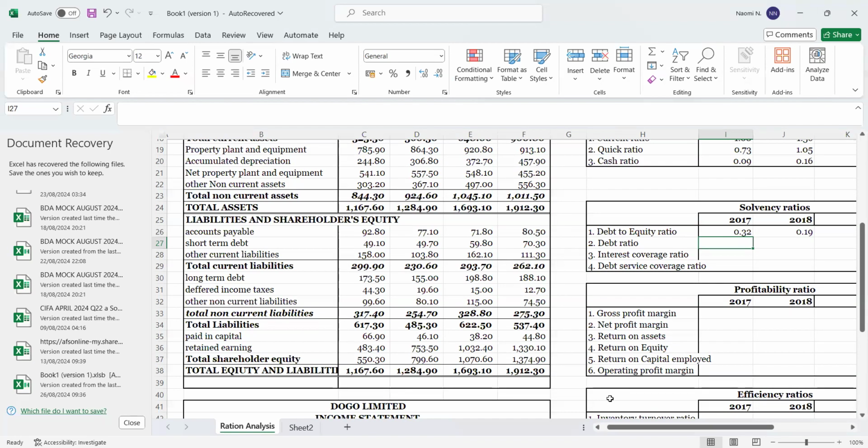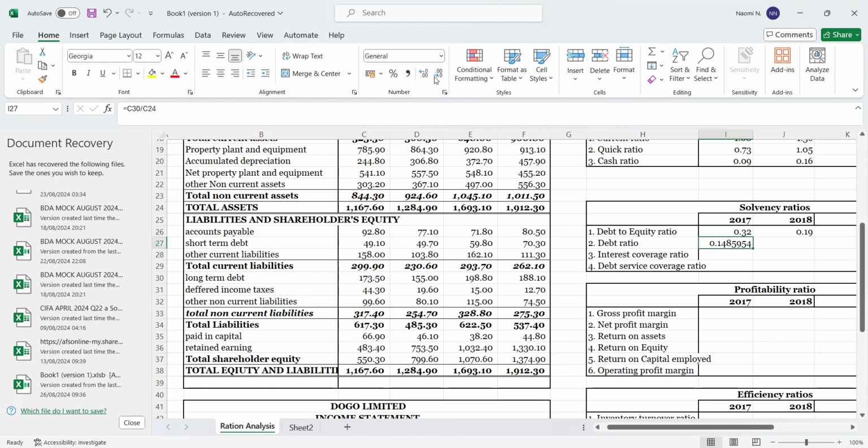Please mark that. So it's equal to total long-term debt divided by the total non-current assets, the total assets.